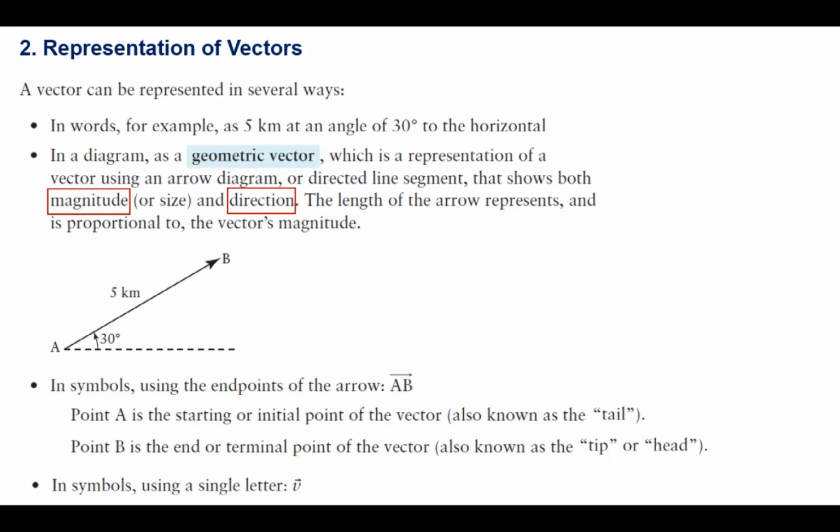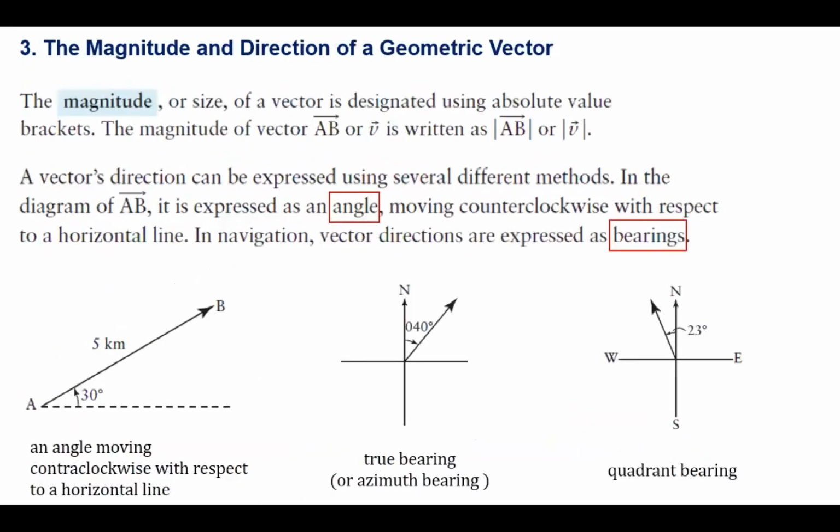Okay, next, let's have a look at the magnitude and direction of a geometric vector. The magnitude or size of a vector is designated using absolute value brackets.